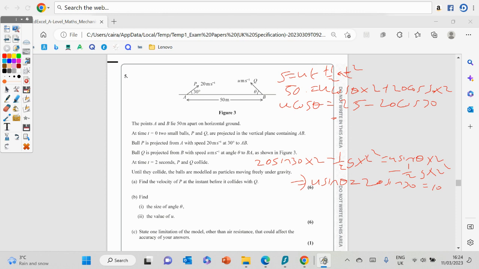It's a lot easier. So I've got u sine theta, u cos theta, so I can get tan theta by dividing one by the other. So I've got 10 over 25 minus 20 cos 30. So theta then is approximately 52.47, something like that.